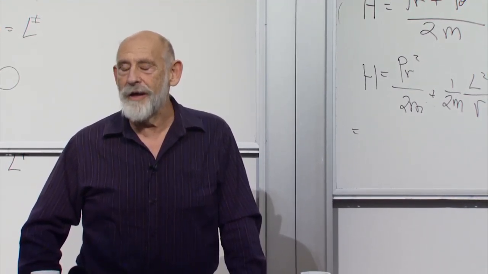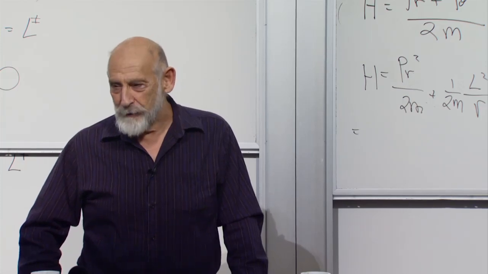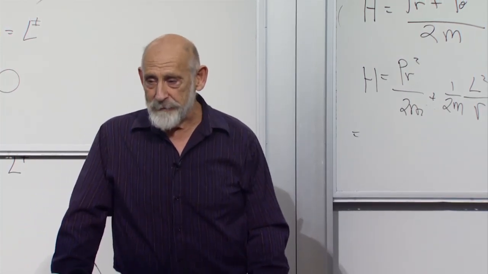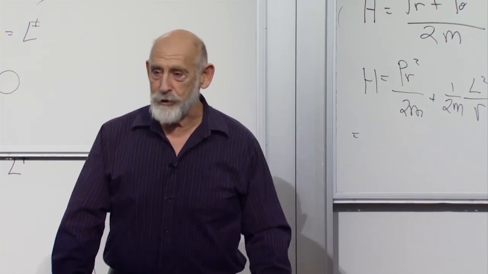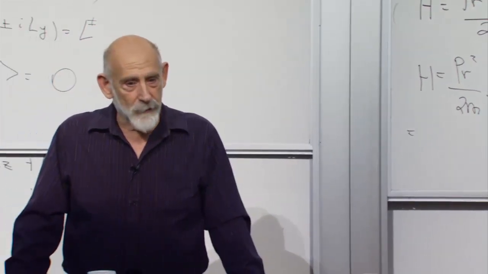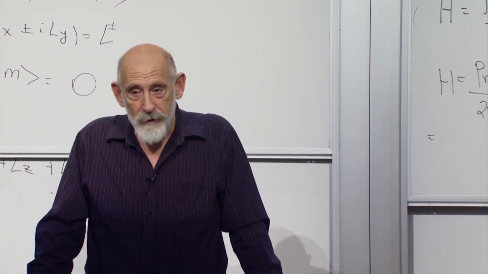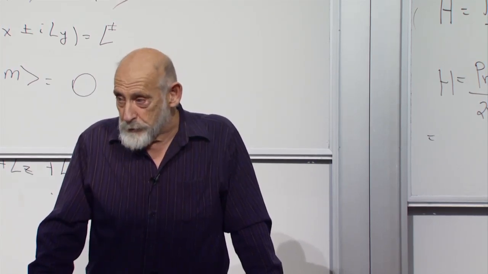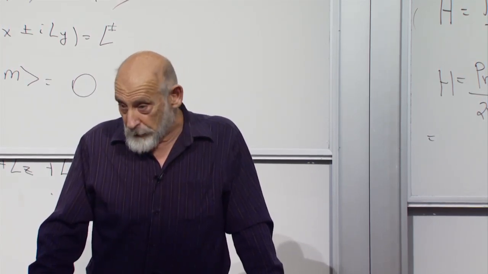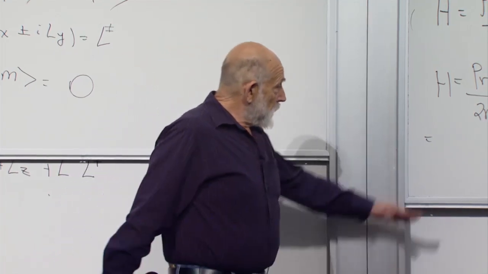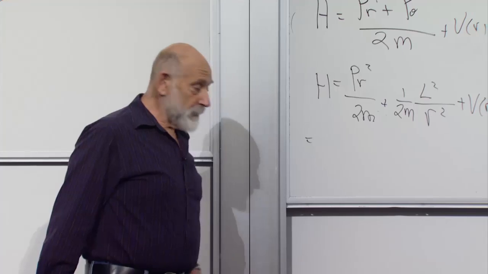So, sorry, r squared gets bigger as you move away. 1 over r squared decreases as you move away. So which way is this force pushing you? Forces push you towards smaller energy. Forces always push you toward smaller energy. That's why they're minus the derivative of the potential with respect to position. This is pushing you away from the origin.